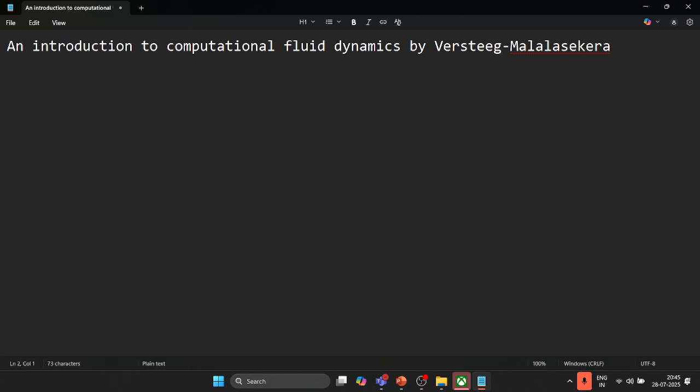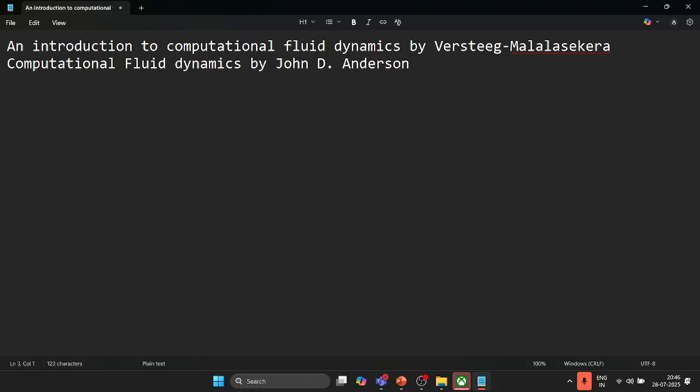And there is another book. Hello, it got disconnected. Yes, this book is also required: Computational Fluid Dynamics by John D. Anderson.